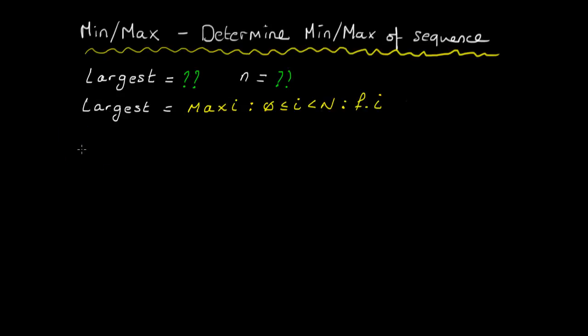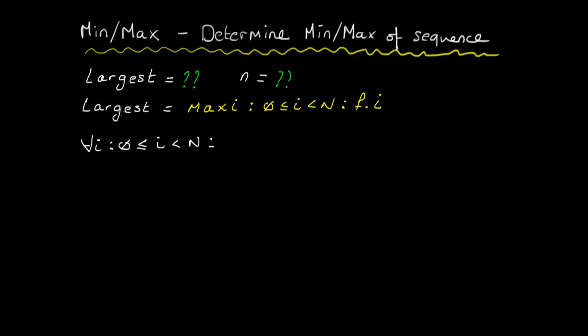We would say for all I greater than 0, less than n.